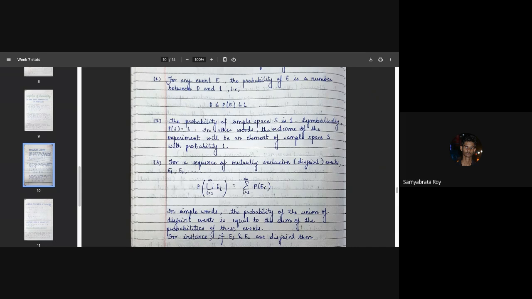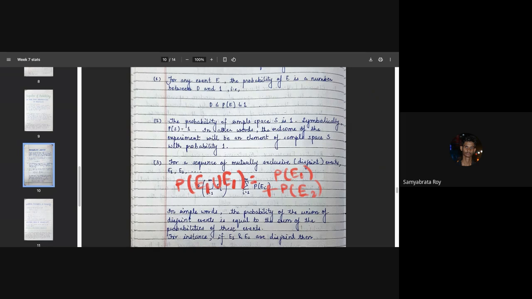Like you have tossed a coin. The probability of getting head or tail is nothing but the probability of getting head plus the probability of getting tail, given that the occurrences of head and tail are mutually exclusive, right?